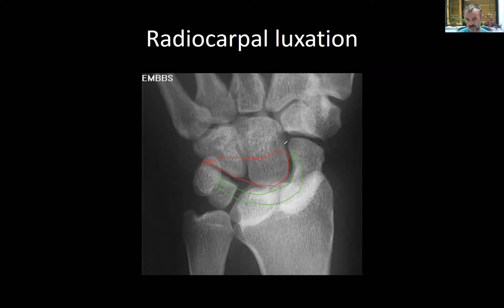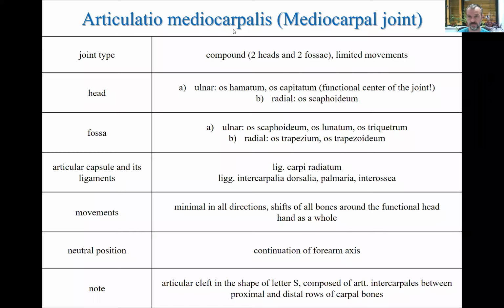And then the other fossa is here: trapezium and trapezoid. And the head is this part of the scaphoid. So you can see it is an S-shaped joint, which is formed by intercarpal joints altogether. And it's in the center of the wrist, that's why it's called medial carpal joint.